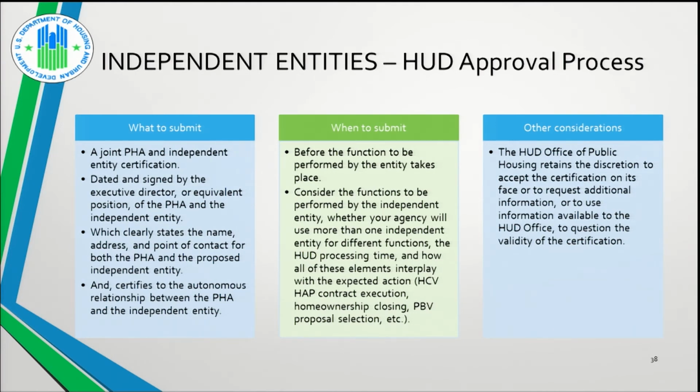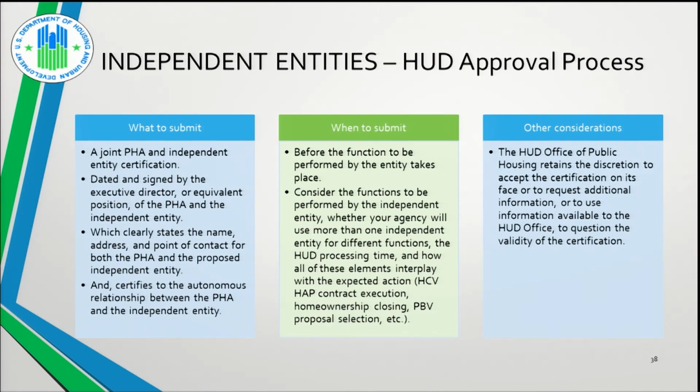When is the PHA to submit that certification to the HUD field office? The PHA has to submit that before the function to be performed by the entity takes place. And a consideration in determining when to submit that independent entity for approval is the functions that the independent entity will perform, whether the PHA will use more than one independent entity for different functions, the HUD processing time, and how all of these elements interplay with the expected action.